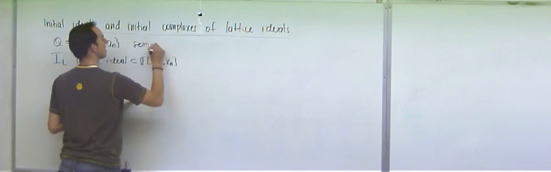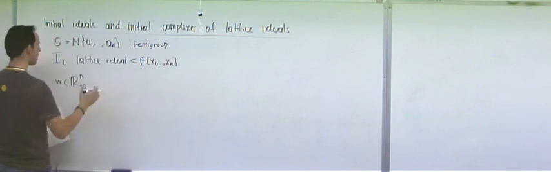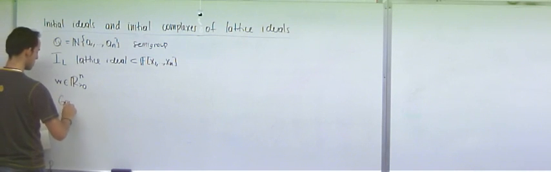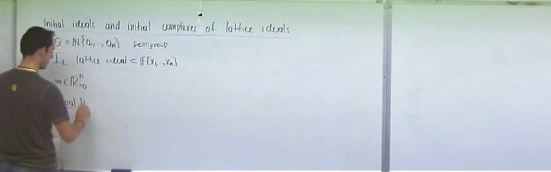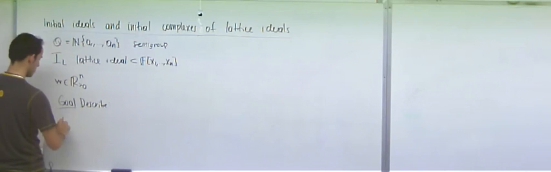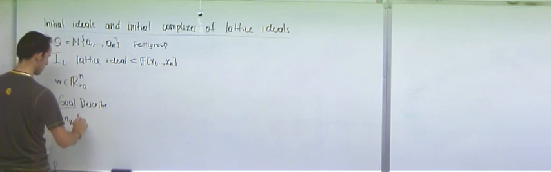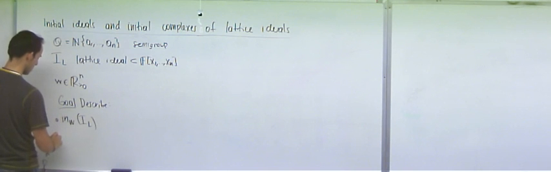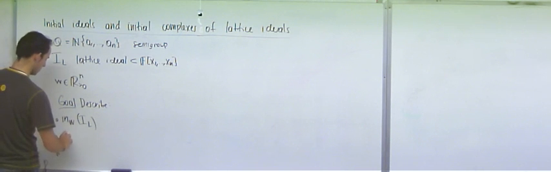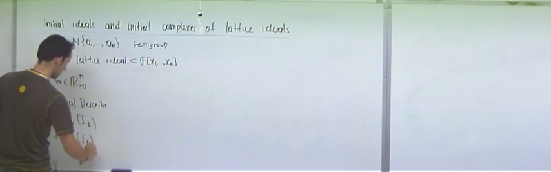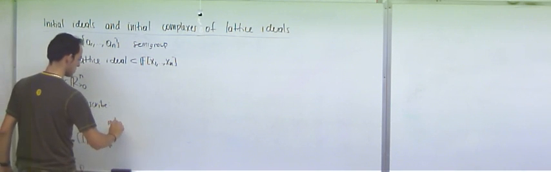Anyway, so the point is that I give a weight to each one of the variables, and then I want to study two things. So the goal for today is to describe two things. One thing is the initial ideal with respect to this W. And the other thing is what I call the initial complex. So this is the initial ideal.